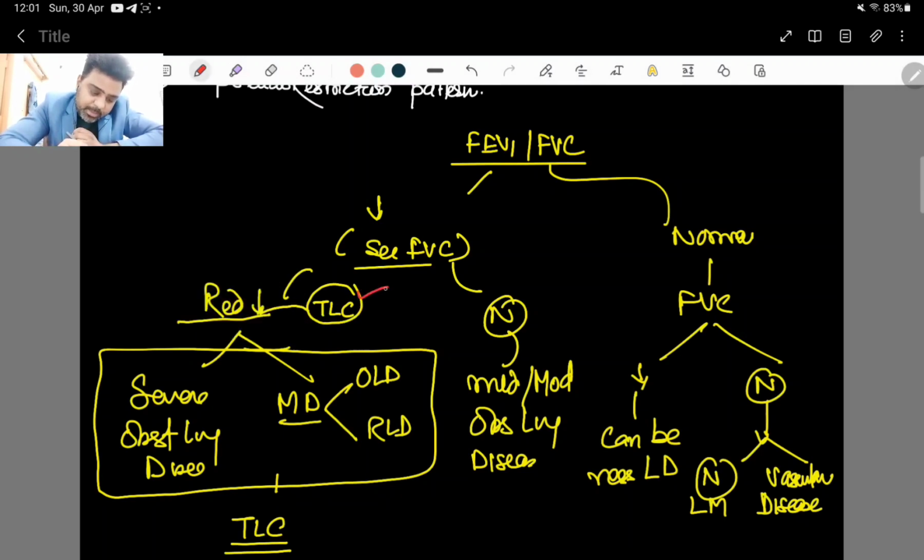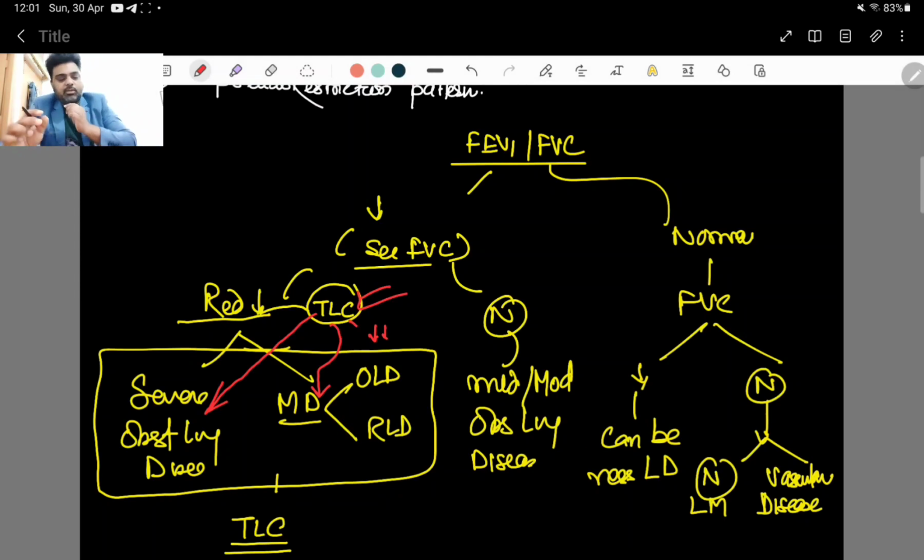If total lung capacity is increased, it is a severe obstructive lung disease. And if total lung capacity is decreased, then it is a mixed disorder. Why? Because in obstruction, the patient has difficulty in expiration. So with each expiration, with each cycle, there is some amount of gas which is trapped inside the airway. That leads to an increase in the residual volume and the total lung capacity.